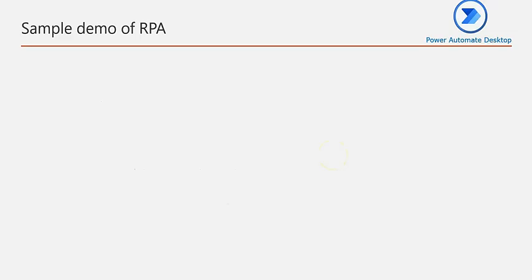Now we are quickly jumping on to a demo of RPA to see how RPA can make a difference in our manual activities. How many of you are aware of the RPA challenge? You can answer verbally. Only one has done it, completed using Blue Prism. Any other tool?